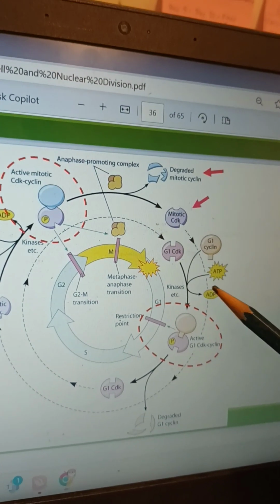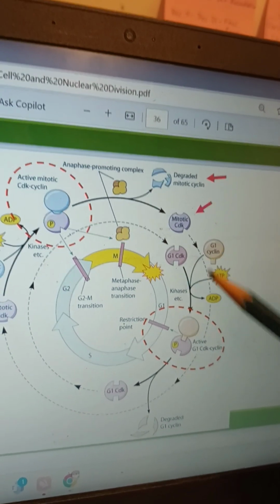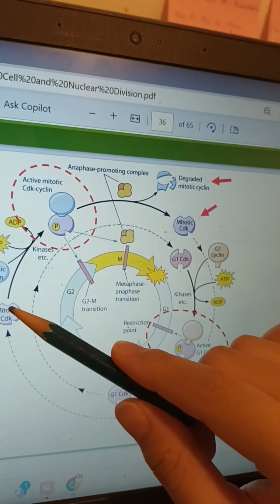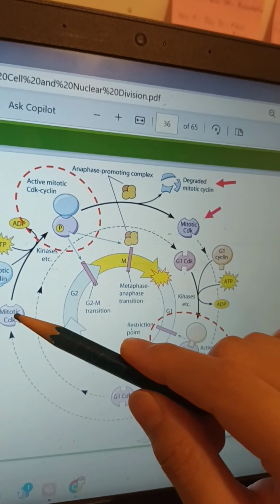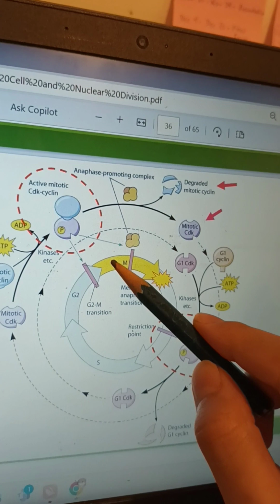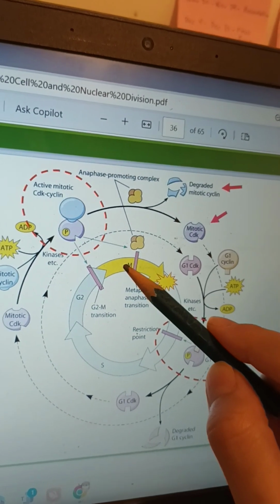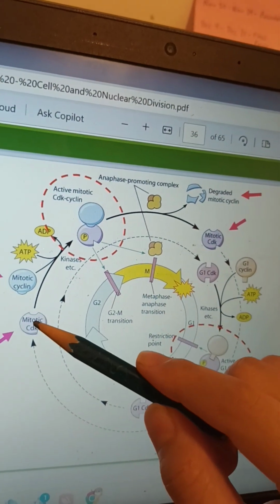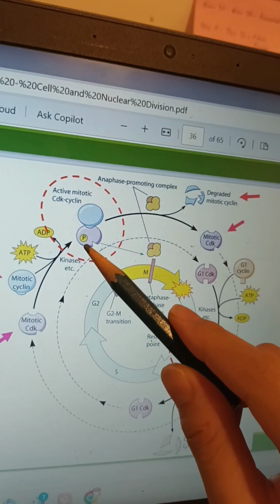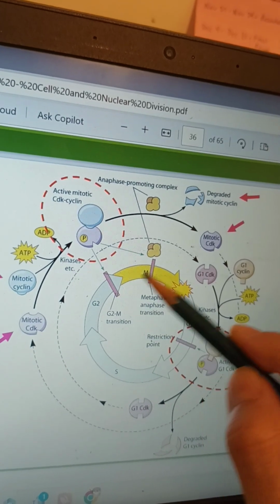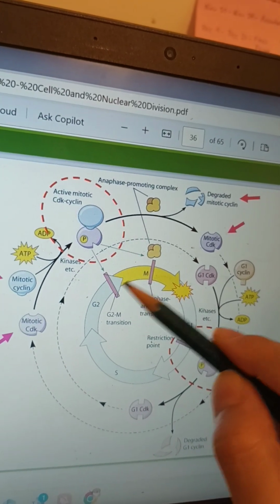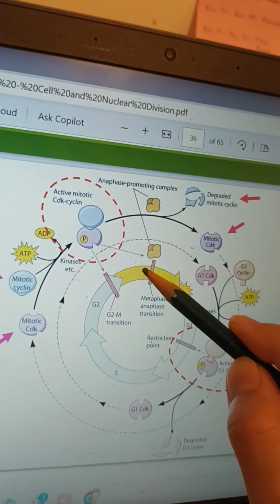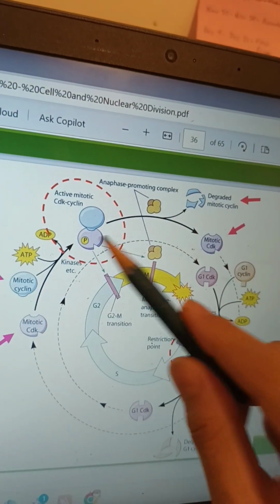And now we move to the next cycle, which is for the mitosis phase. You will see that mitosis CDK becomes active only when it reaches near the mitosis phase. Can you see this purple stick? This purple stick indicates the period where this CDK and cyclin are active.